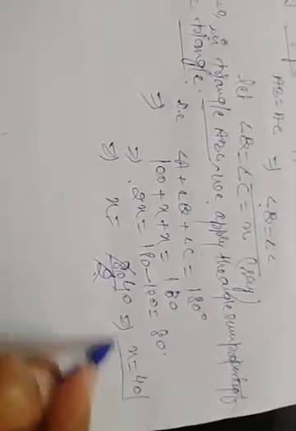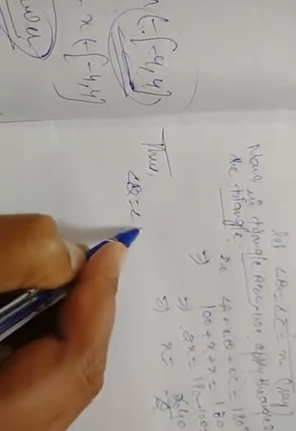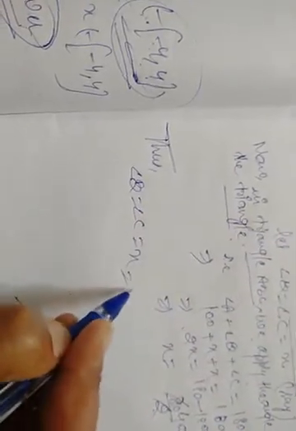Here 2 transfers to that side, we get 40. So the value of x is equal to 40. Thus angle B and angle C both are equal to x, that is 40 degrees. This is your answer.